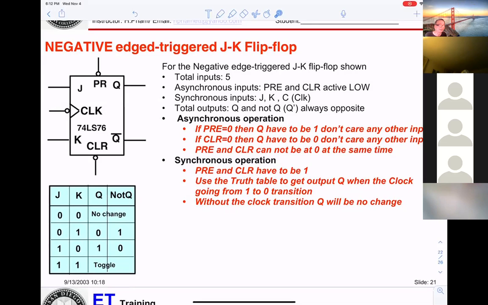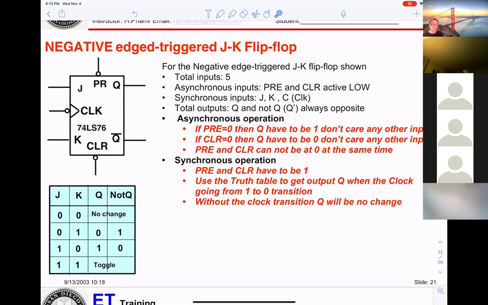And also you get input J, input K, and the clock going 1 to 0 transition. Okay, they say asynchronous input preset and clear, active low, and synchronous input J, K and the clock. Okay, and we already know Q and not Q will be opposite.